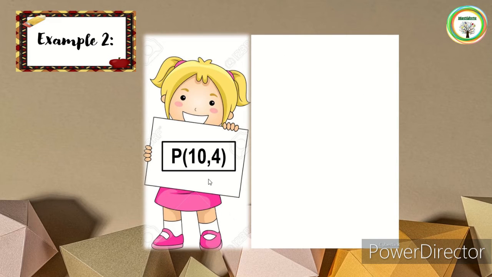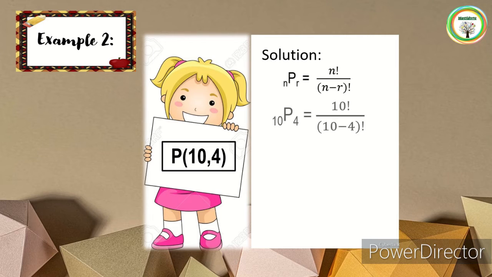Permutation of 10 taken 4. For our solution, using the formula, we have permutation of 10 taken 4. So the value of n is equal to 10 and the value of r is equal to 4. So we have 10 factorial divided by the quantity of 10, which is the value of n, minus 4, the value of r. So we have 10 minus 4 factorial. Permutation of 10 taken 4 is equal to 10 factorial divided by 6 factorial.